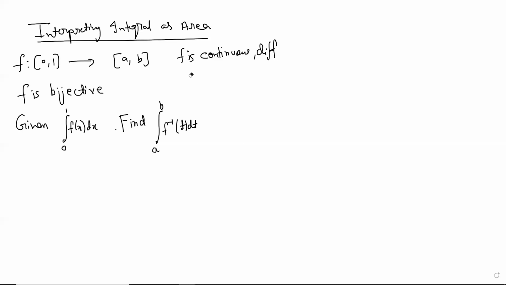It's given, so you can assume it is some number, some x. And f is not given, so what we'll be proving will be a general feature.